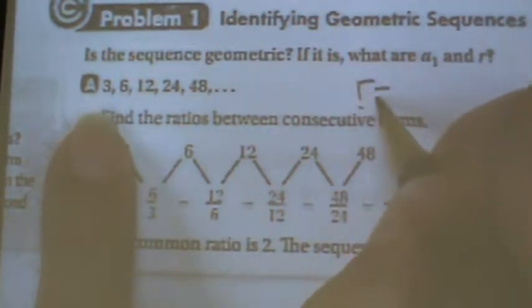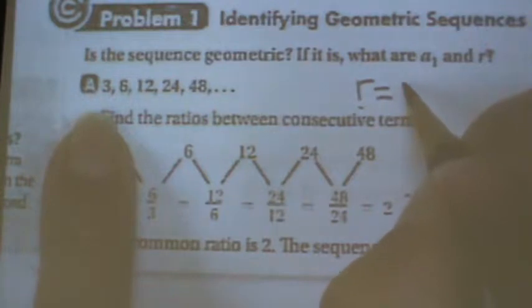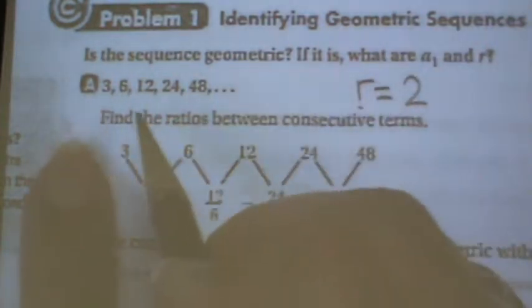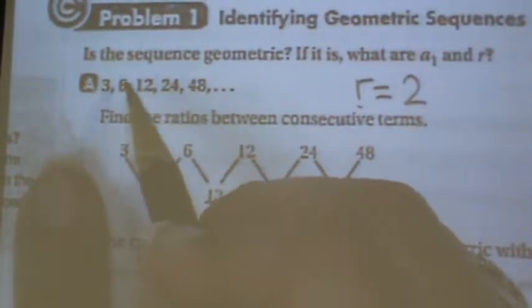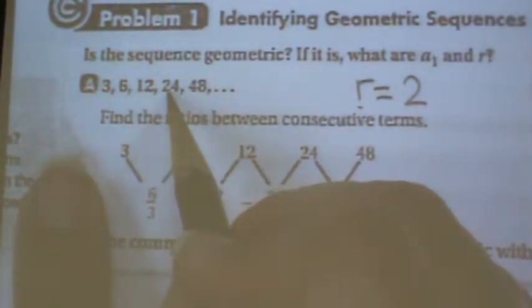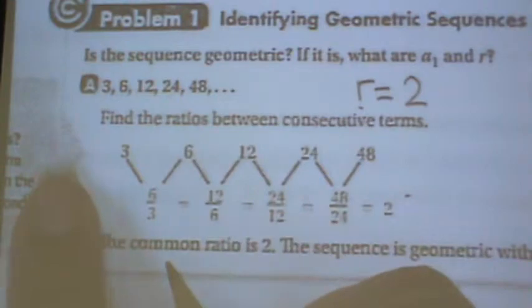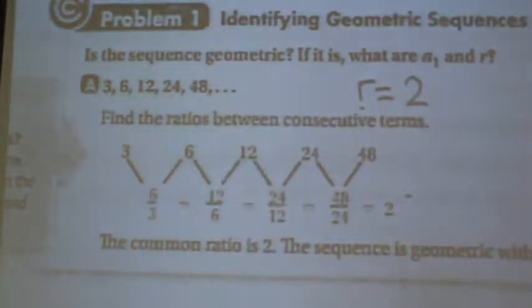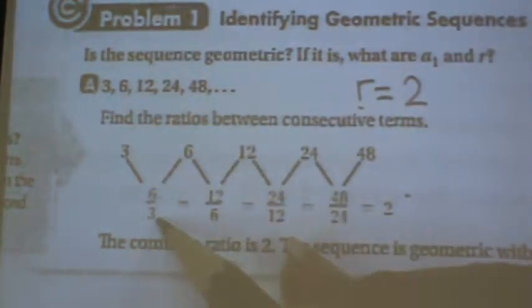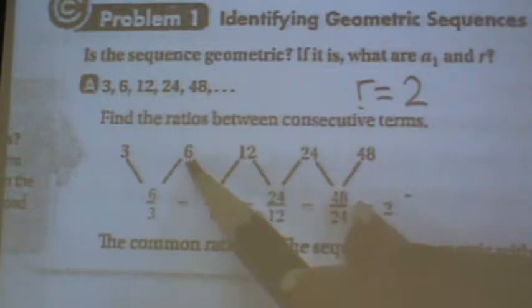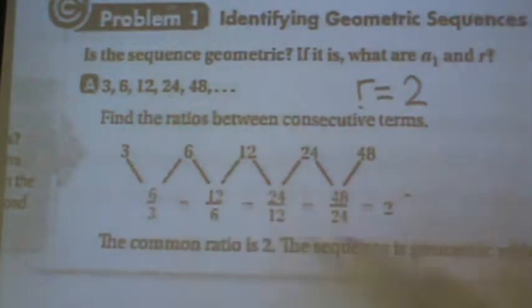We use R now, not D. R is 2. So to go from 3 to 6, they multiplied by 2, and multiplied by 2, multiplied by 2, multiplied by 2. Now, the easiest way to figure out if it's geometric is you take the second term and divide it by the first term. Take the third term and divide it by the second term. So in this case, you see that R is 2.